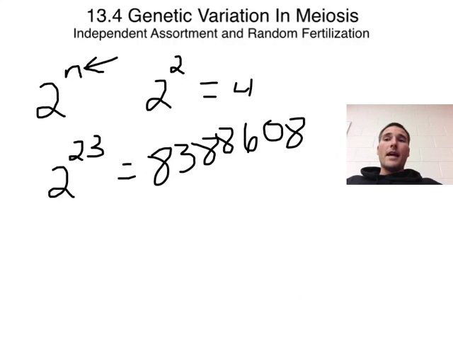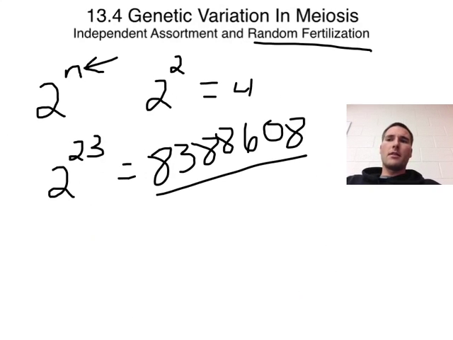All right. Now, if we throw in random fertilization, what random fertilization means is that there's no rhyme or reason as to which sperm ends up fertilizing the egg or which egg gets released to get fertilized. That's the random fertilization. So if we take 2 random chance events and see what the chances of them both happening, okay, so the chances of the sperm that made you was a 1 out of 8,388,608.